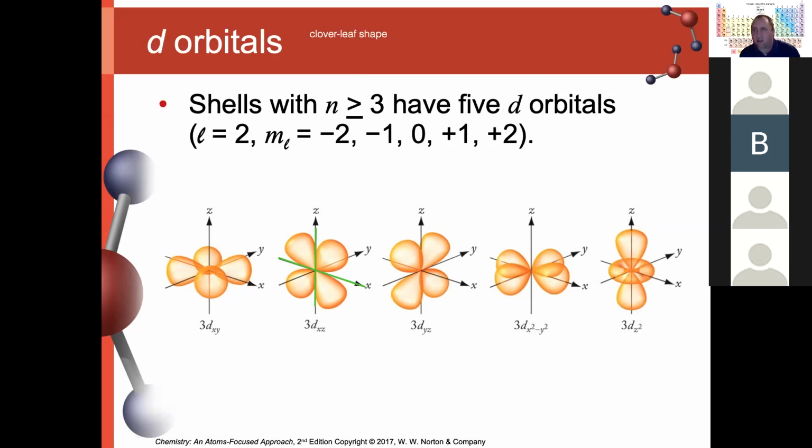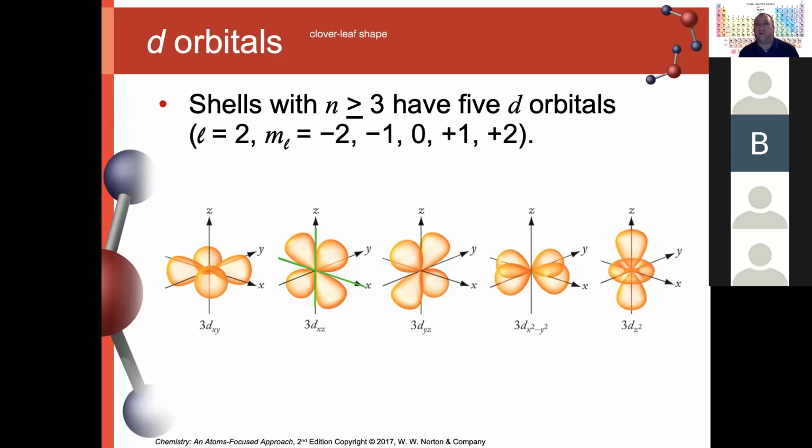And you can see that 4 of the 5 orbitals in this sublevel look like 4-leaf clovers. The 5th one, the dz squared, is a little bit different. What the dz squared takes on is the spots that are kind of missing from the other ones.